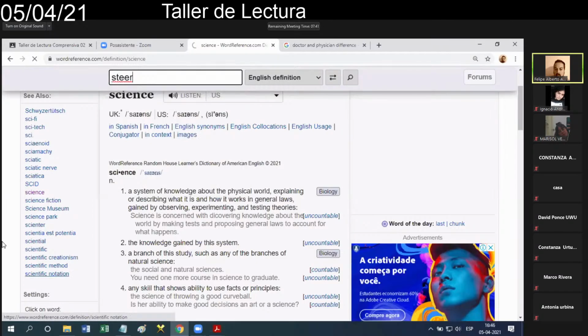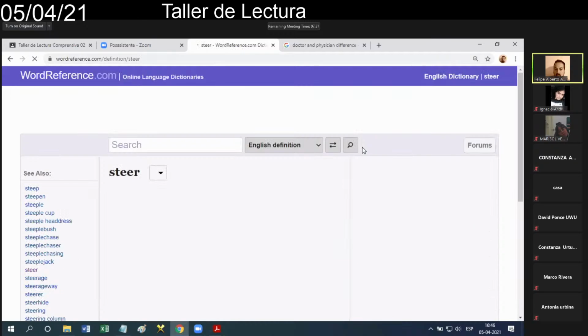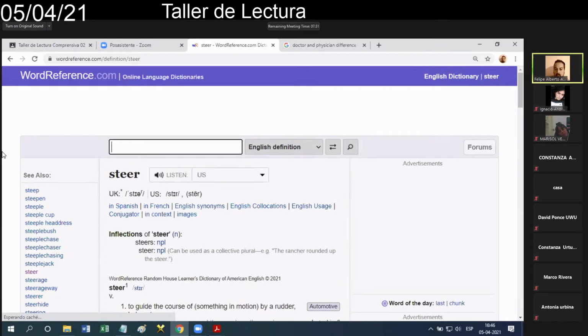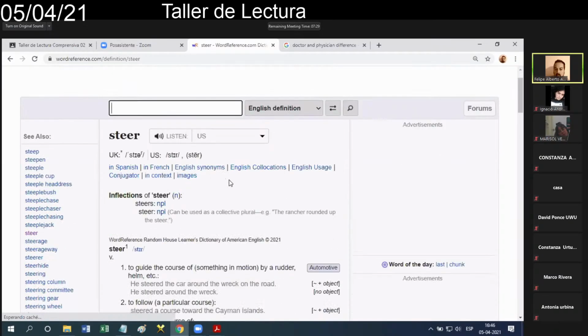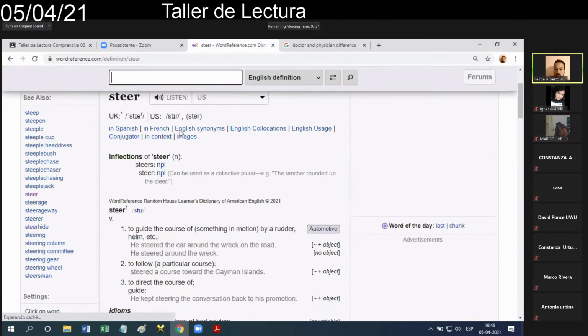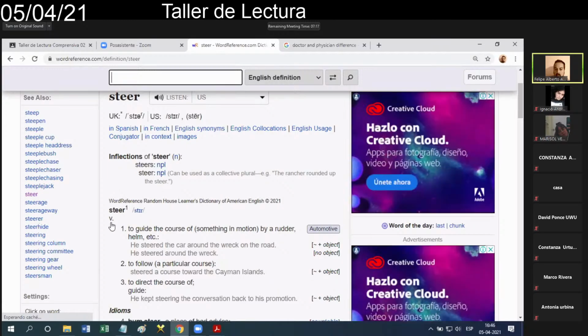Today, you will learn a new concept. Listen to me, pay attention. To steer is a verb. I'm going to teach you to read this dictionary. English definition, steer, and then below there is a V, which is a verb.